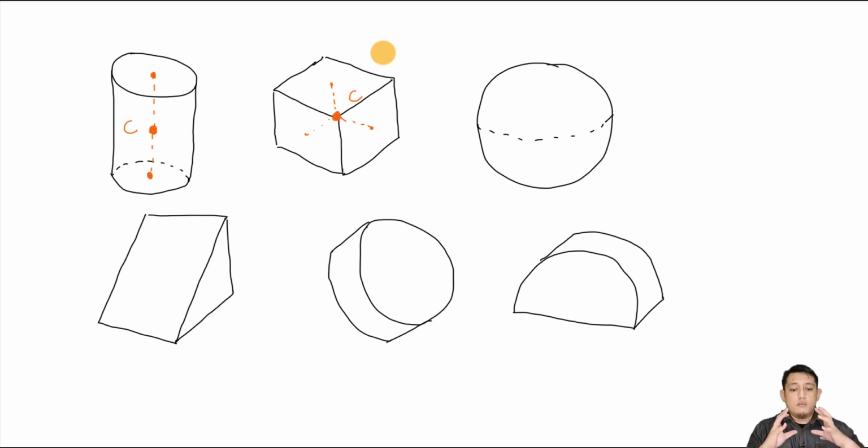If we look from any view, the sphere will look like a circle. Therefore, the centroid of this sphere is also at the center. Very easy. Now, let's proceed to our next 3D object, which is this one here.